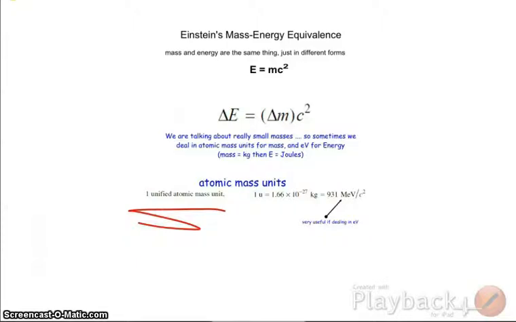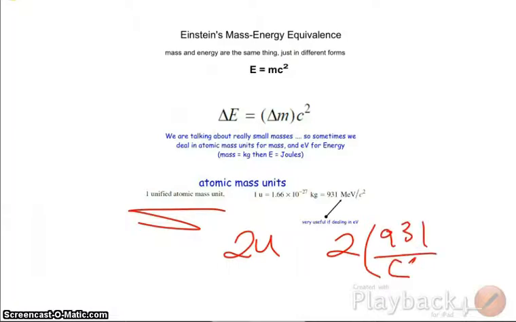You can just plug this in for m, or at least do your conversion factor, because if you have, let's say, 2 atomic mass units, then you'd have 2 times 931 over c squared mega electron volts. So you'd have twice the energy, but that works out real nicely when you're dealing with that kind of stuff.